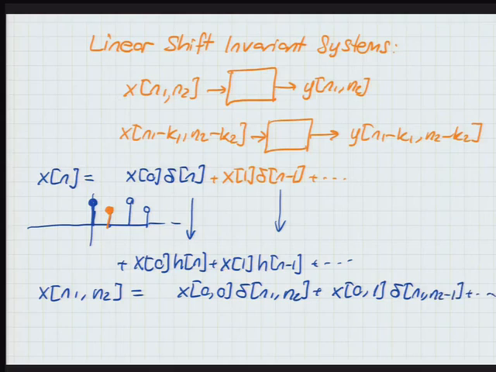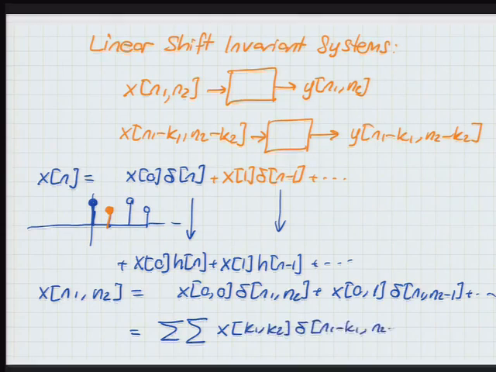So in general, if I include every term, that's going to look like a double sum of x of k1, k2, delta of n1 minus k1, n2 minus k2. Okay, so here we split the signal into a sum of many signals, but each of these signals are very special. They have a single delta in them, so they are 0 everywhere except at the point of interest, which is defined by k1, k2, right? So sum over k1, sum over k2, right?